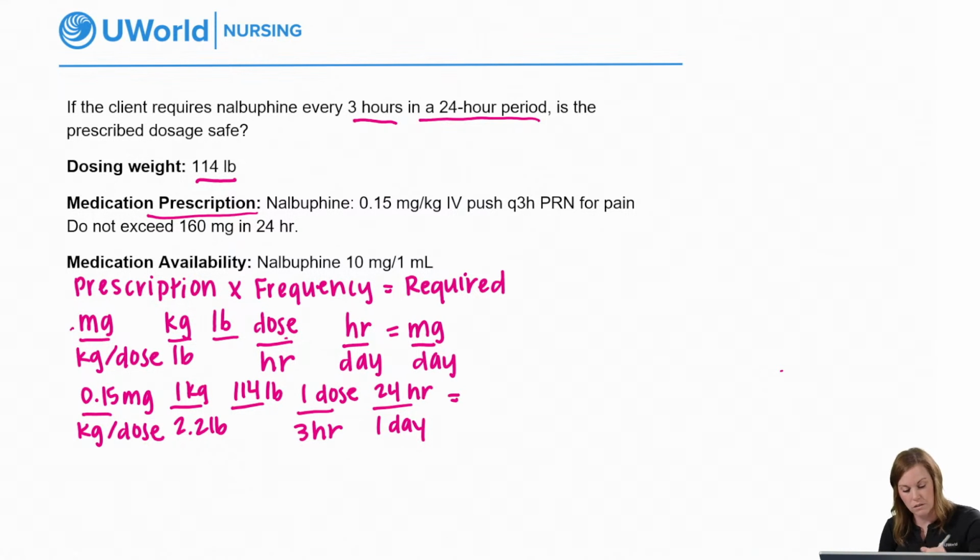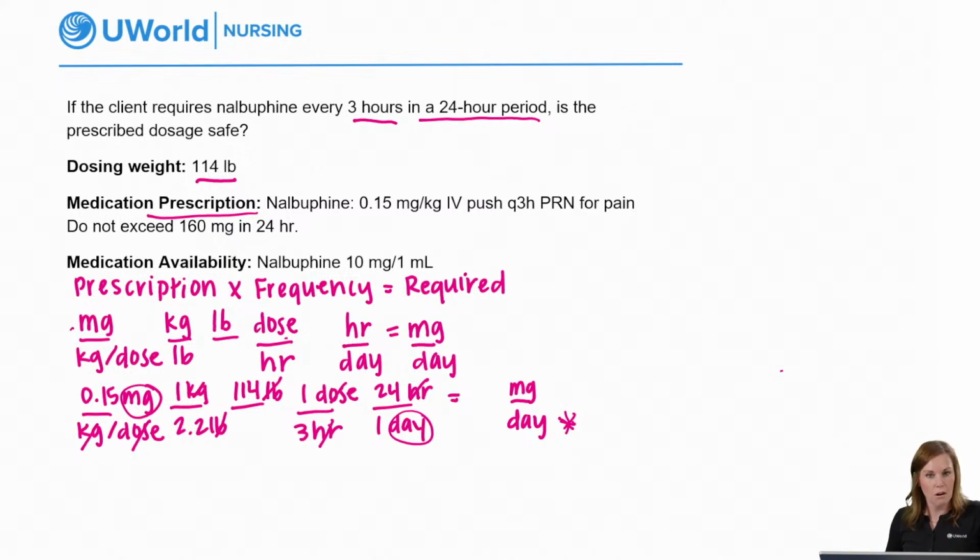So we know this is going to give us what we're looking for, milligrams per day. Okay, so let's make sure we cancel out all nice and match up. So kilograms, kilograms, pounds, pounds, dose, dose, hour, hour. What we're left with is milligrams on the top and day on the bottom, which is what we're looking for over here. Okay, so I'll let you guys do that math and we'll see what number we come to.